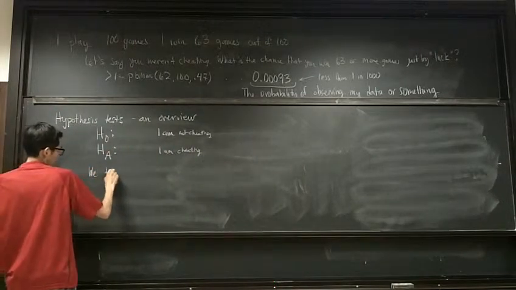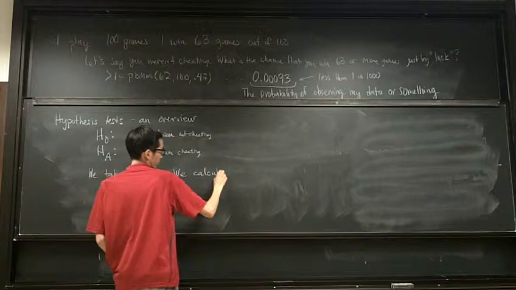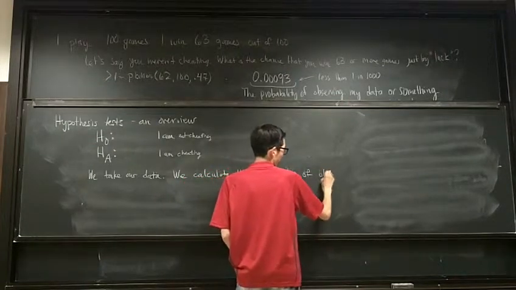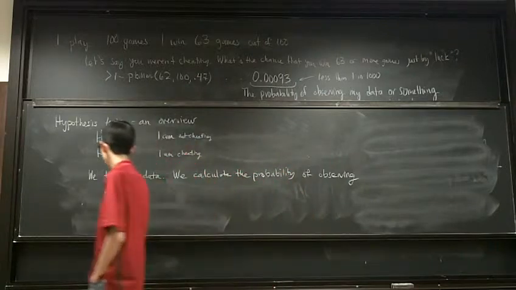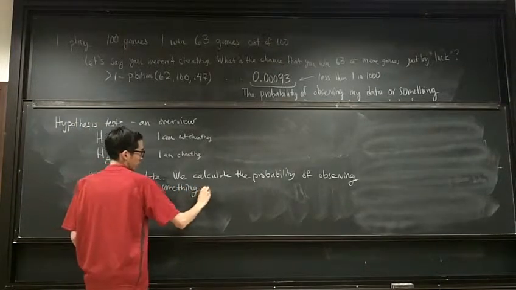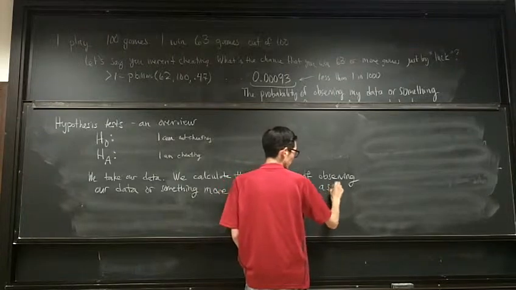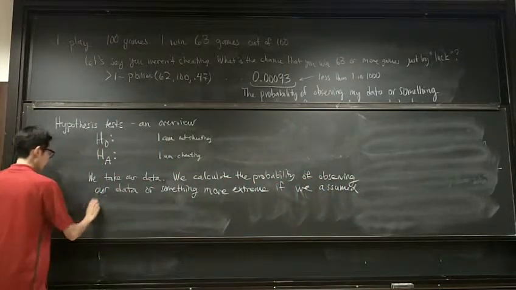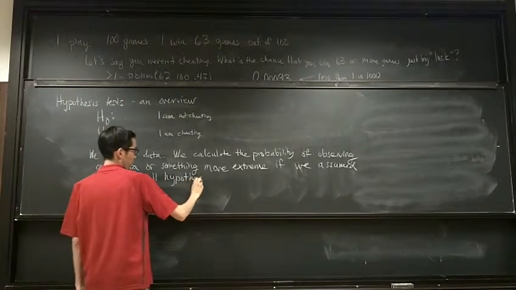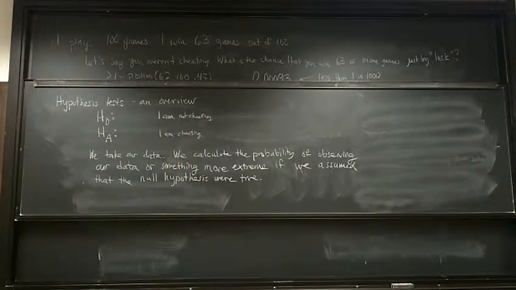Okay. Our data, and then we calculate the probability of observing our data. If that probability is large, what do we do?